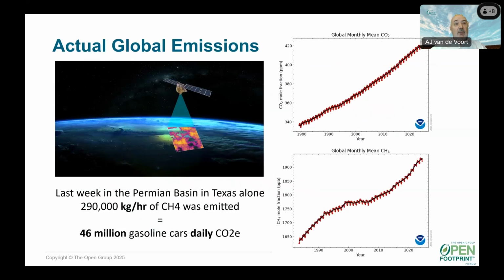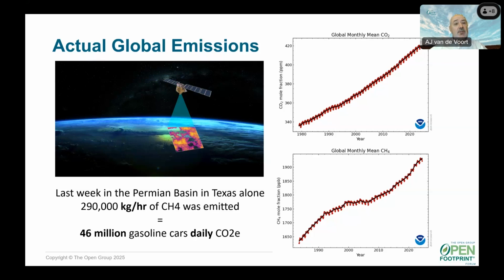The next slide shows the urgency of the situation for two of the main air emissions, that is CO2 and CH4, which you see on the right. On the left, you see that satellites are now scanning the Earth to detect those emissions. I was fortunate to see the data from last week that, for example, in the Permian Basin in Texas, and this is in Texas alone, 290,000 kilograms of methane was emitted in 1 hour.